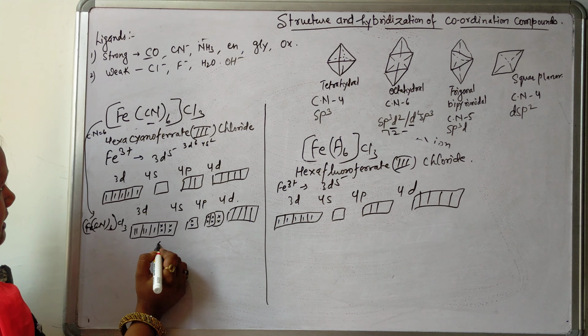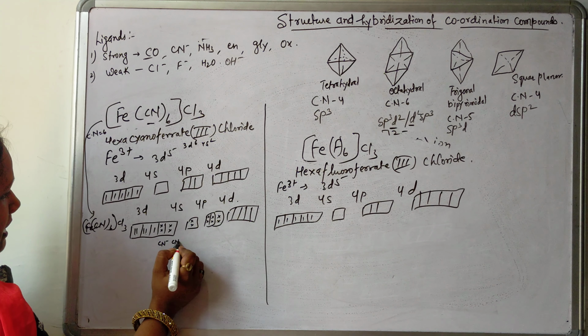Here are CN minus, CN minus, CN minus, CN minus, CN minus and CN minus. Okay. The hybridization will be d2sp3. Look here. The inner d orbital is utilized in the bond formation, so it is the inner d orbital complex.